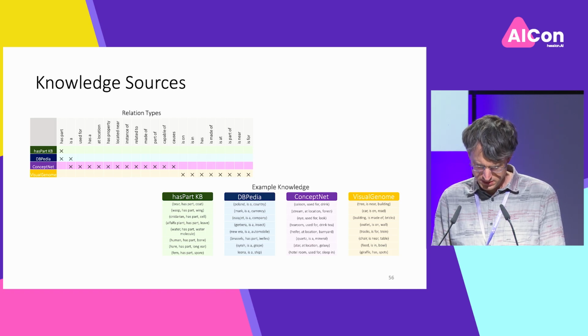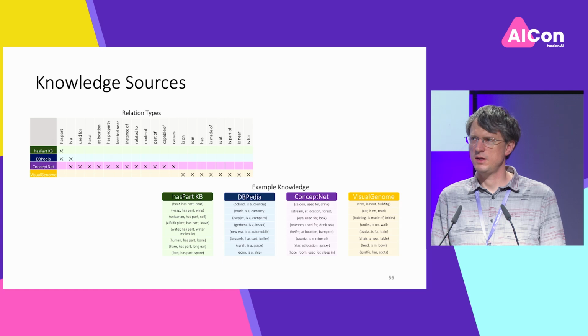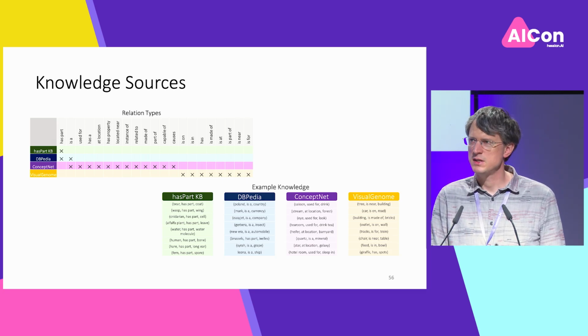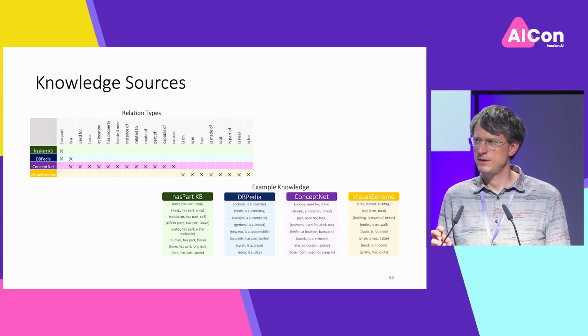For example, DBpedia is based on Wikipedia. It's a concept database constructed based on Wikipedia articles, which are themselves manual, but then I think the actual database is automatically constructed. I don't know the exact details, unfortunately.